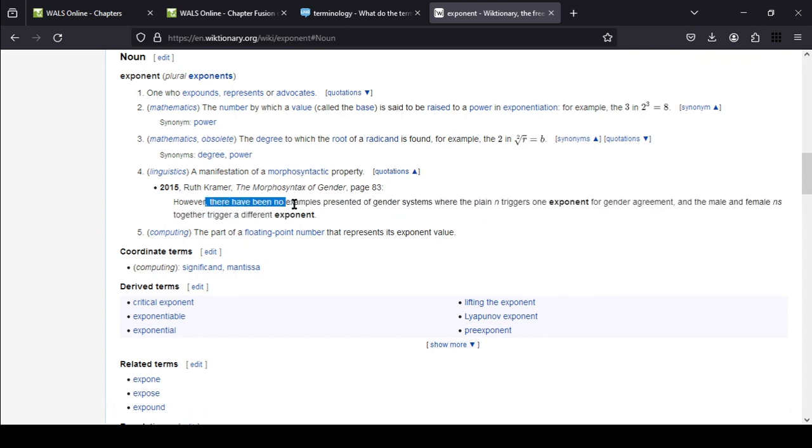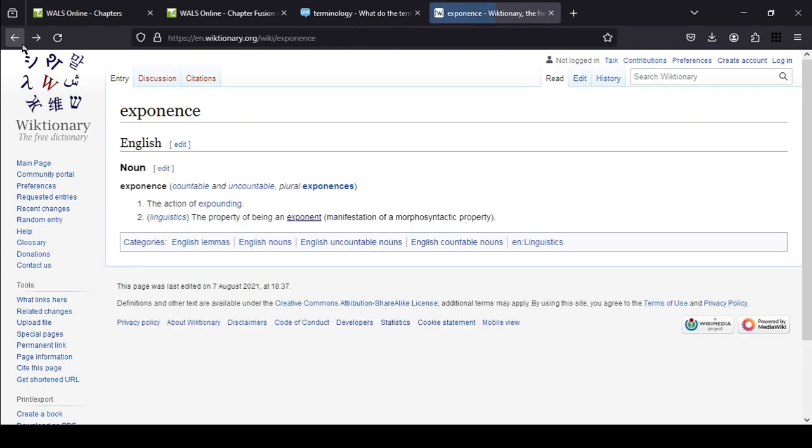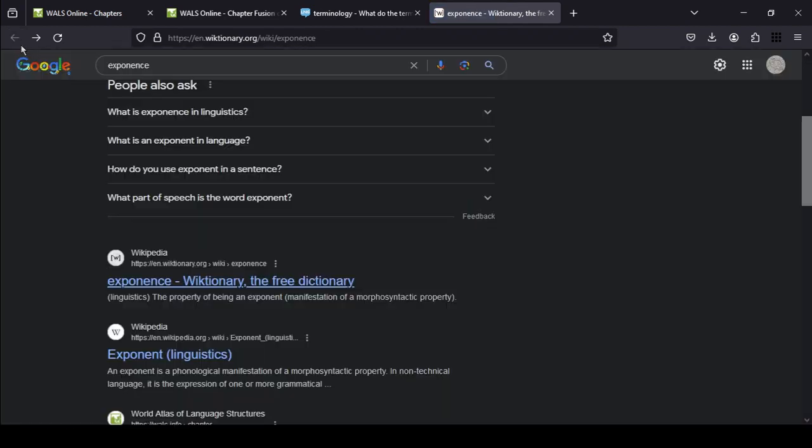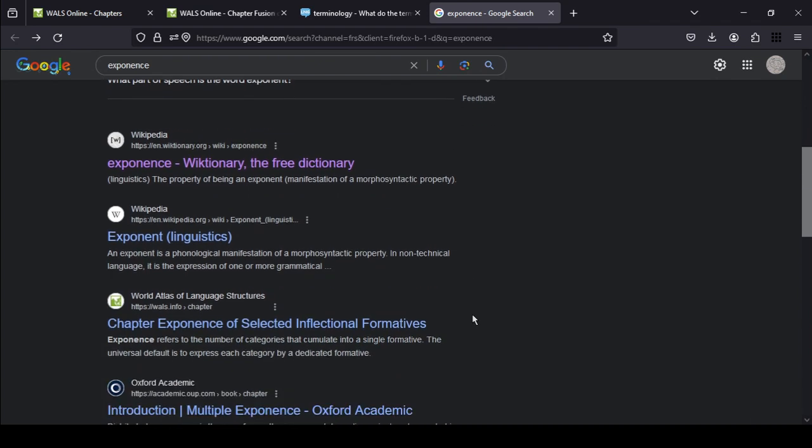So it's like a category, essentially. Like, if there's two grammatical genders, then there's two exponents.